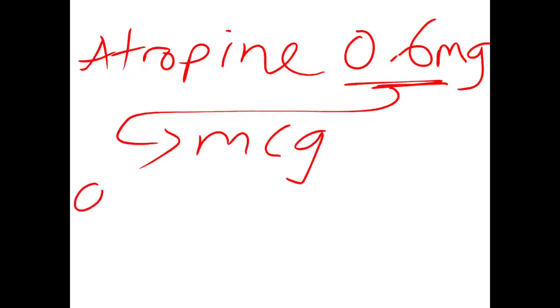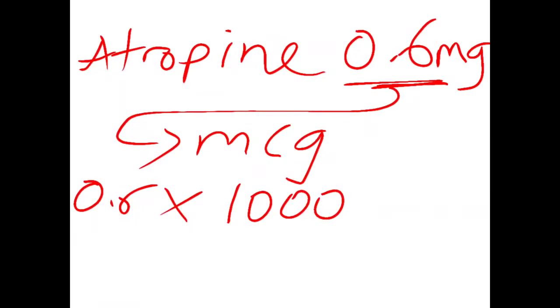So you are just going to say 0.6 multiplied by 1000, because we understand that 1 milligram is made up of 1000 micrograms.